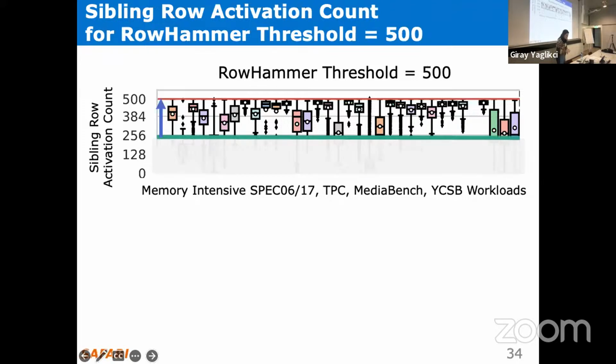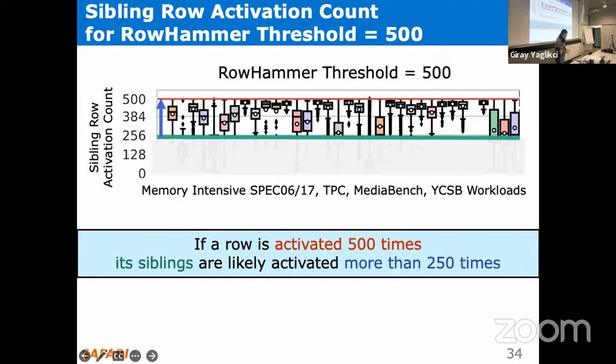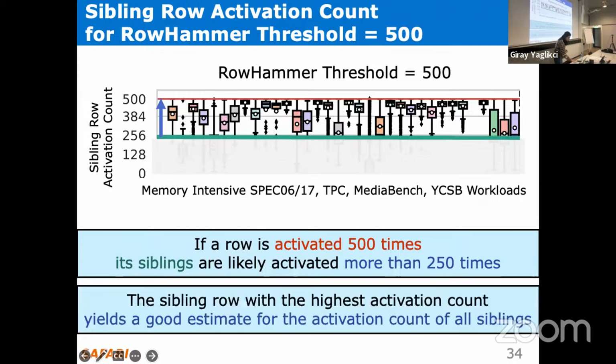Above this horizontal green line, the figure shows that if a row is activated RowHammer threshold times, its siblings are activated more than half the RowHammer threshold times. Therefore, if we can track the sibling that is activated the most, we can get a good estimate for the activation counts of all its siblings.